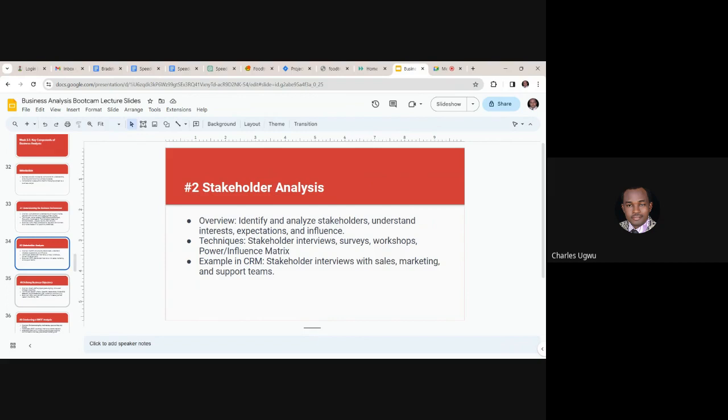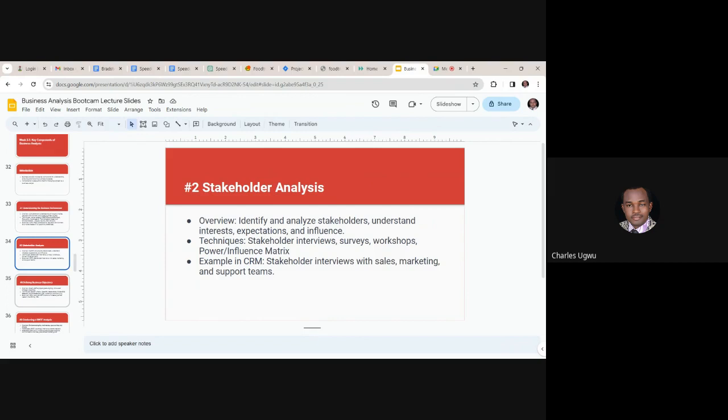In CRM, example is interviewing stakeholders within the sales, marketing, and support team or support department. In CRM, most of the stakeholders come from the sales and marketing, because when we are talking about CRM, we're going to see how we are going to use CRM to manage sales, lead management, contact management, marketing, promotion, and a lot.